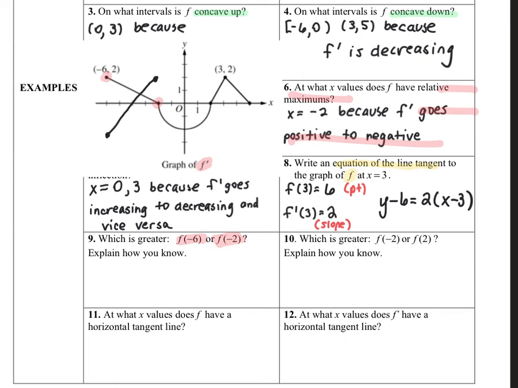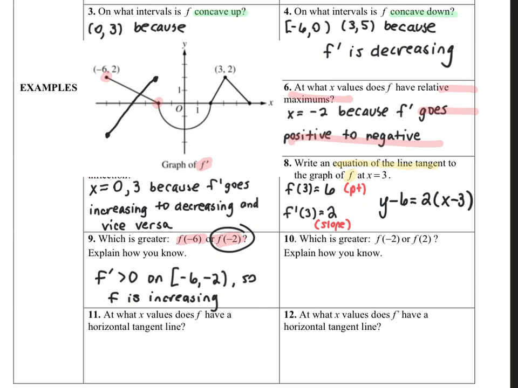So if I start at this level and I increase to get to the other point, then it looks like the f of -6 is lower and the f of -2 is higher. Therefore, my greater value is f of -2. And I know that's true just because of my analysis. If f prime is greater than 0 on that interval, that means f is increasing, meaning f of -6 will be lower and f of -2 will be higher.